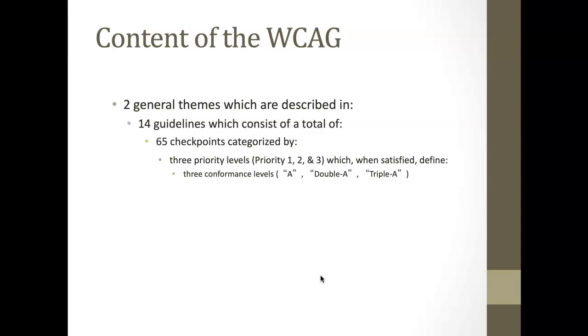Priority 1 is obviously first. 2 is a nice to have, 1 is a must have, 3 is a would be great if it had it. And the conformance levels are A, AA, and AAA. A meaning priority 1, AA meaning priority 2, and AAA being priority 3.